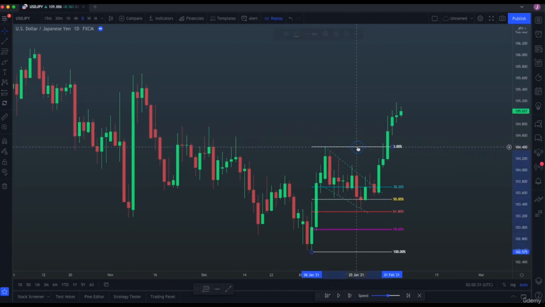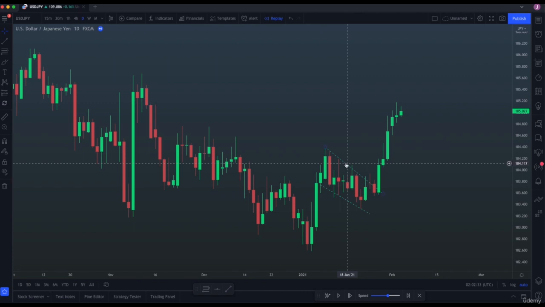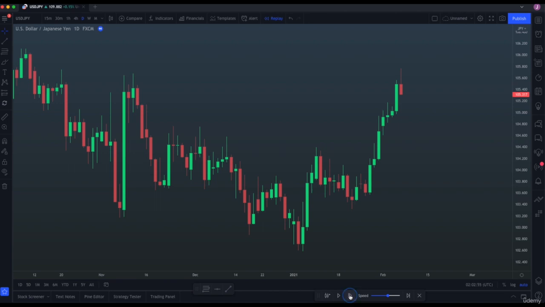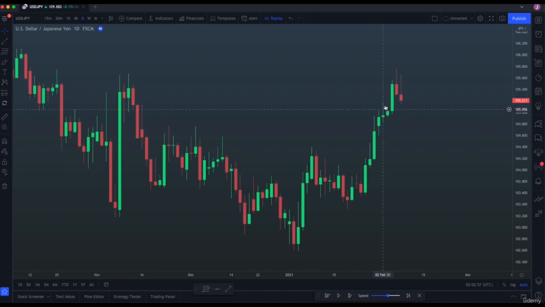So if you did not trade this first move, right? We can still wait for price to pull back since it made a higher high, and then wait for the next corrective move to end. Okay, so price continues to rally, and then price started to pull back.